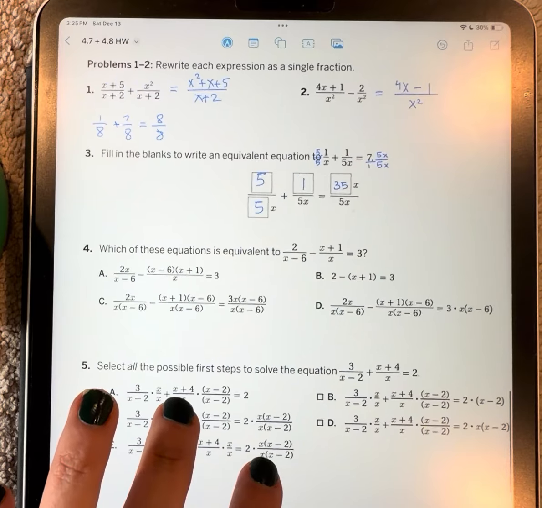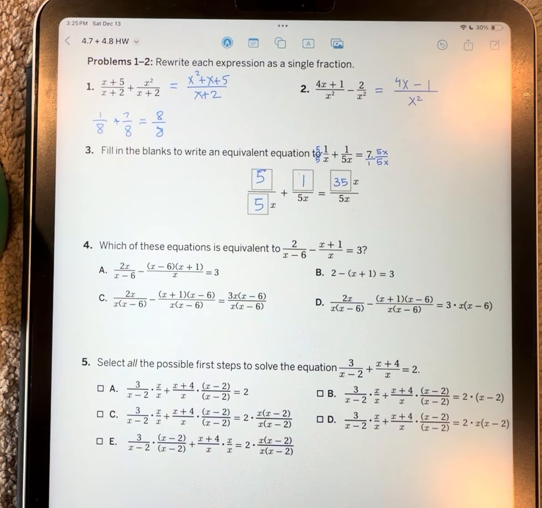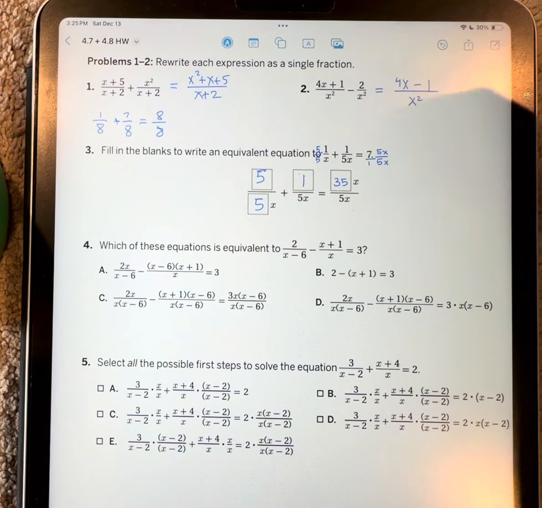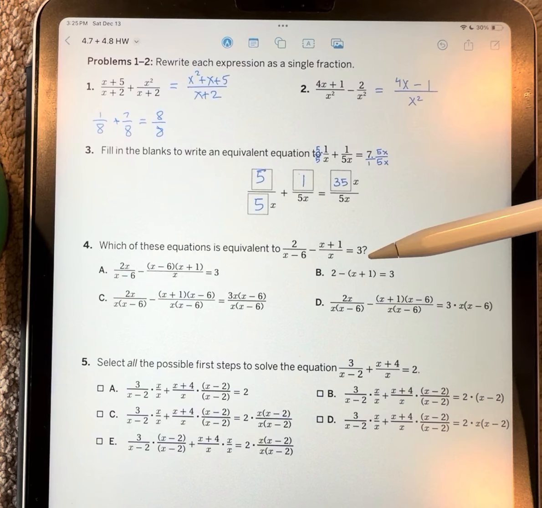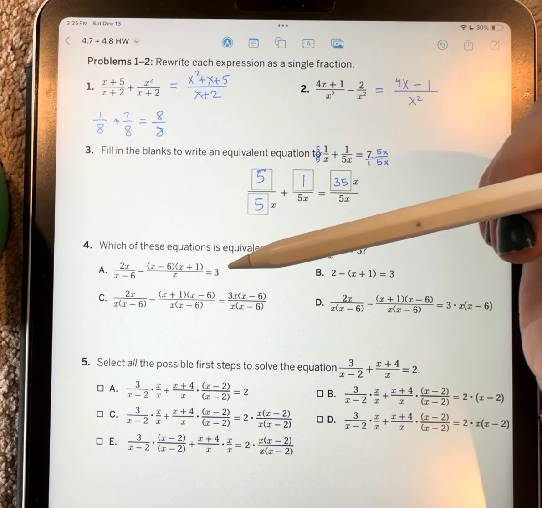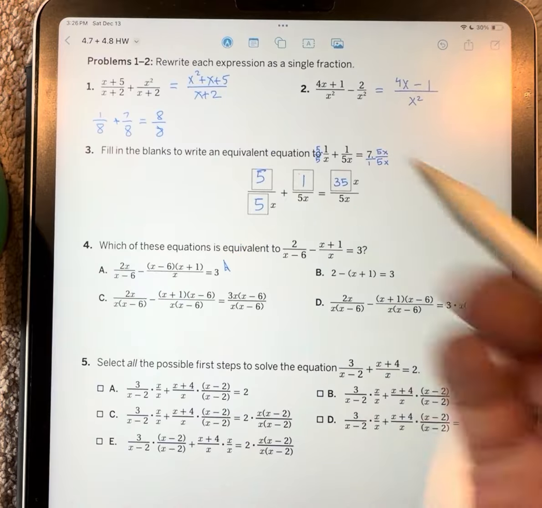Okay. Which of the following equations is equivalent to that? All right, let's get serious here. Okay. Yeah, I'm thinking no. What did they do?